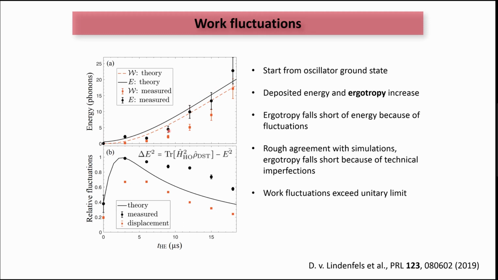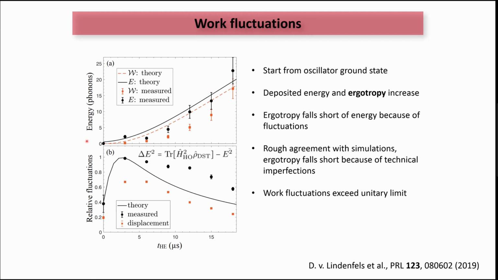And what we can also extract from the data, and that's the interesting part here, is a quantity called ergotropy. For those of you who have never encountered this, this is basically the equivalent of Helmholtz free energy in the microscopic domain. That's the energy which can be extracted from a quantum system by means of a cyclic unitary, so the useful energy stored in the system.